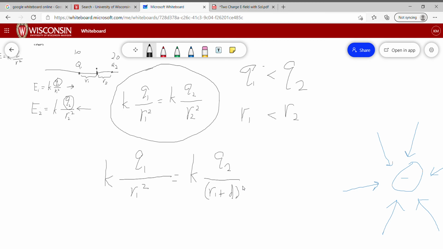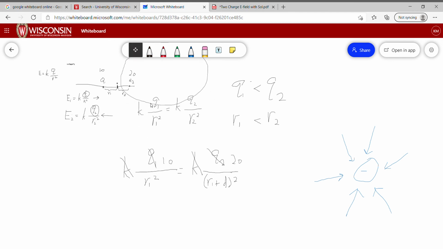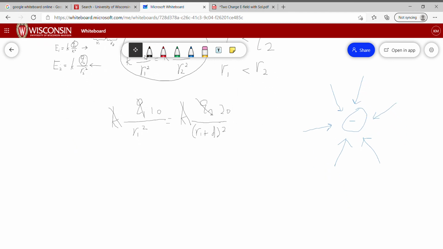Q1 is 10, Q2 is 20, and we cancel out K. Then we have R1 plus D squared over R1 squared equals 20 over 10, which is 2.